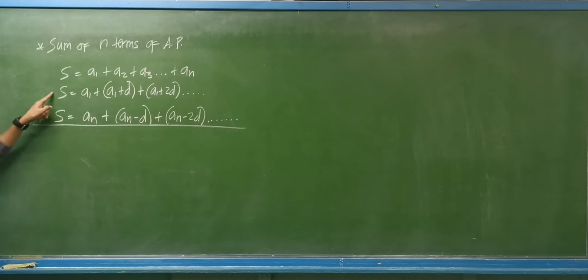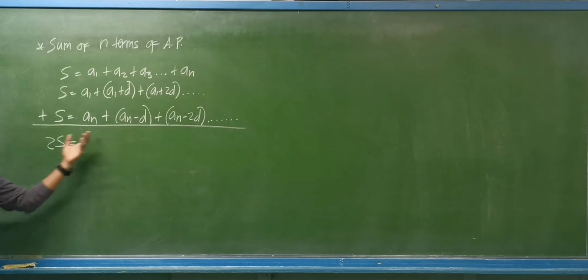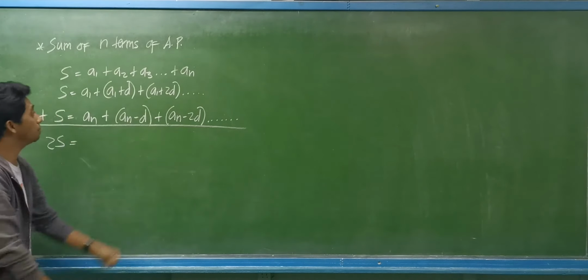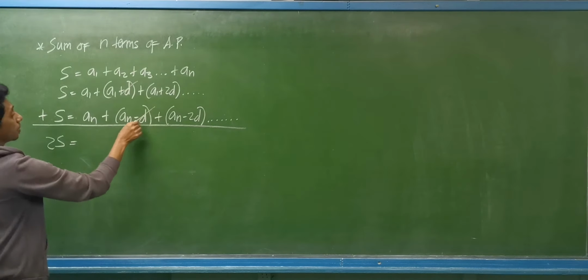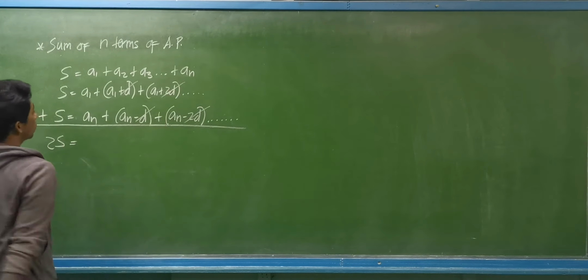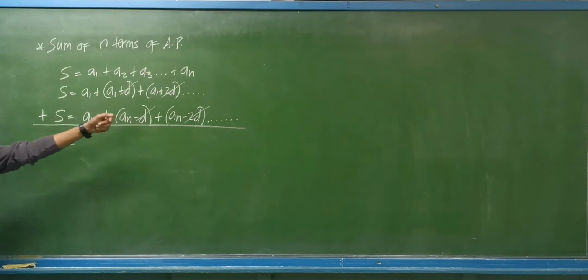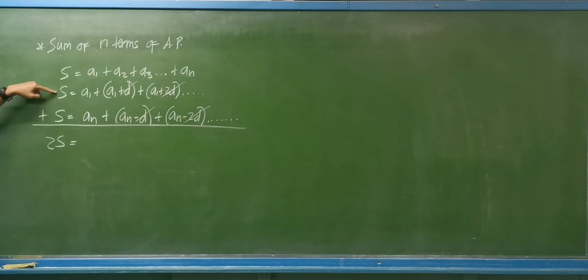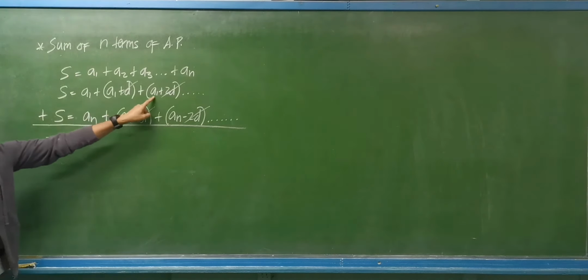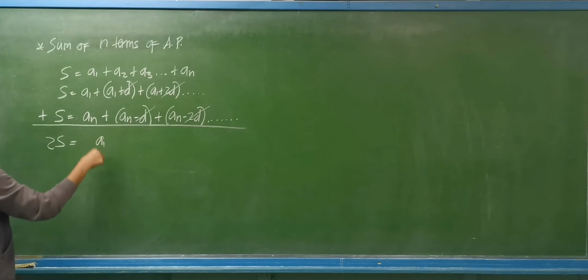Equation 1 plus equation 2 will be twice the summation. If we observe, we eliminate the common difference. What are the remaining terms? The remaining term from the first equation is the first term, a sub 1.